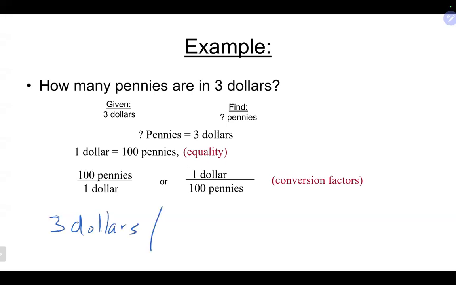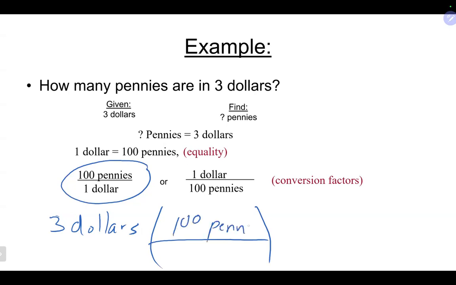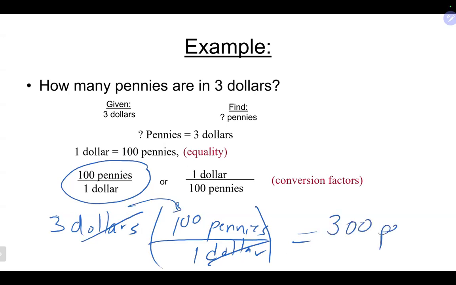Again, not written as a fraction, but that means those units are up on top. So to get rid of the dollars, we want to go opposite here, which would give us 100 pennies in $1. The units here will cancel. We're going to multiply across there, giving us 300 pennies as our answer here.